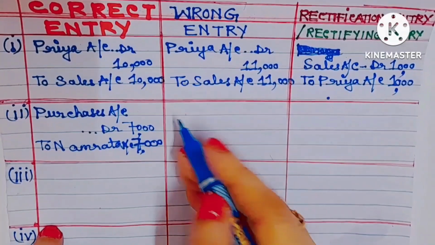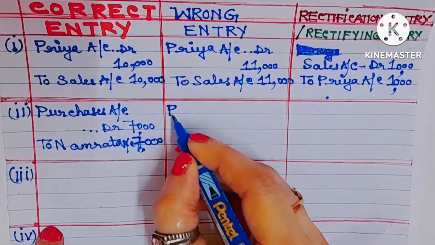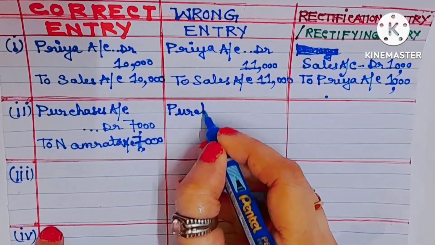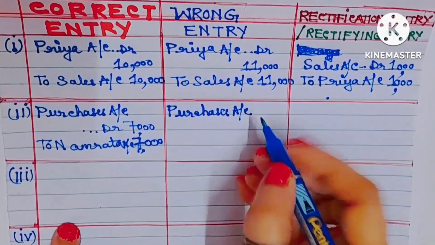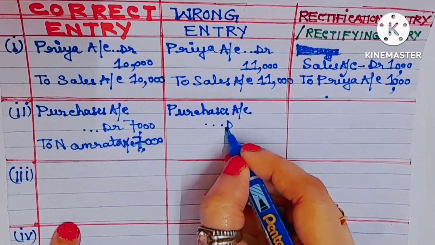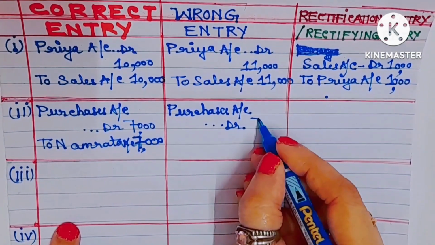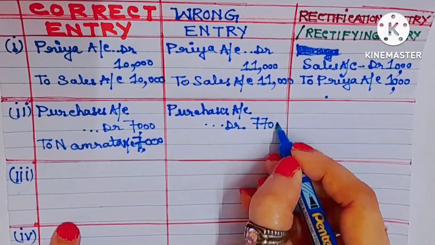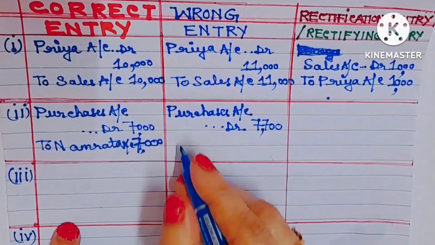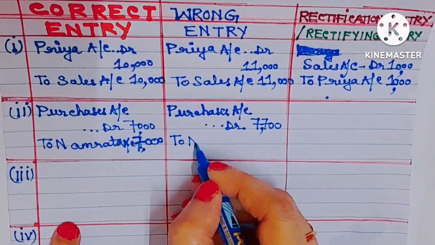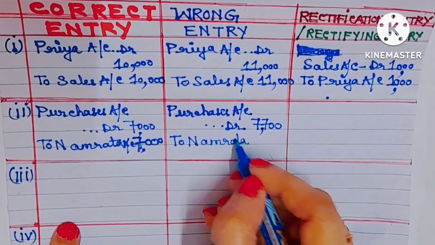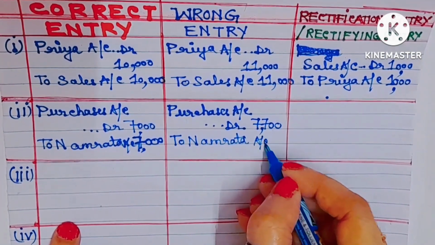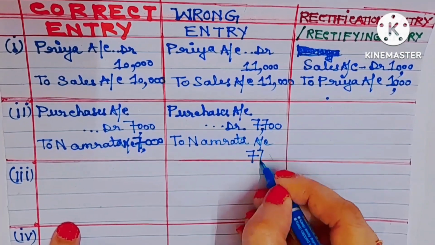So we'll write purchases account debit $7,700. This is the wrong amount to Namrata account $7,700.